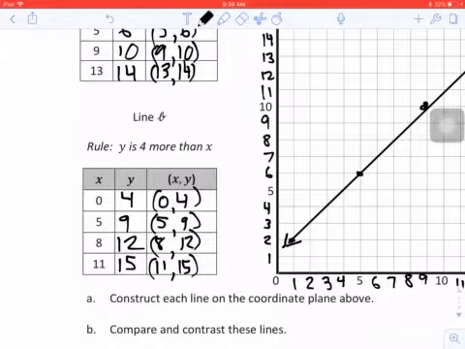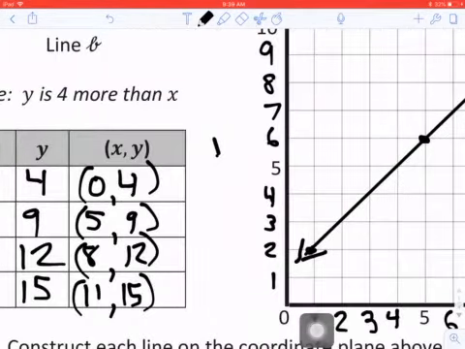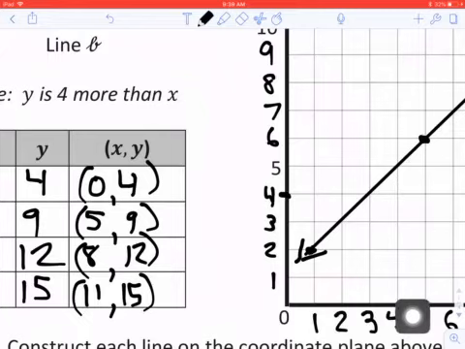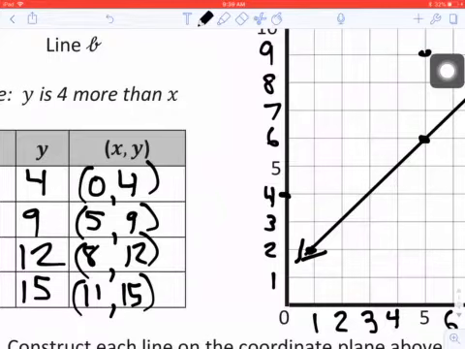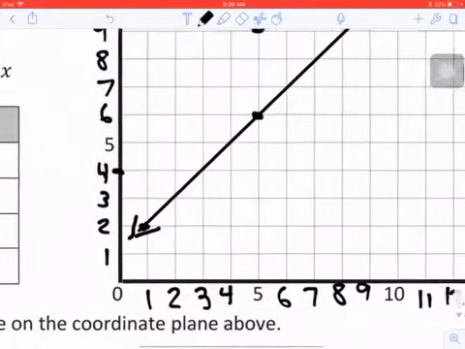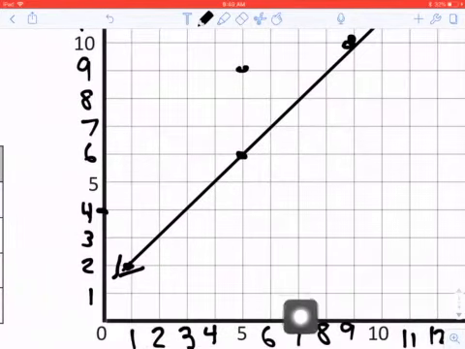Line B starts at 0 on the x-axis and 4 on the y-axis, which is right there. Then we're at 5 on the x-axis and 9 on the y-axis. Next one is at 8 and 12. So 8 on the x-axis.